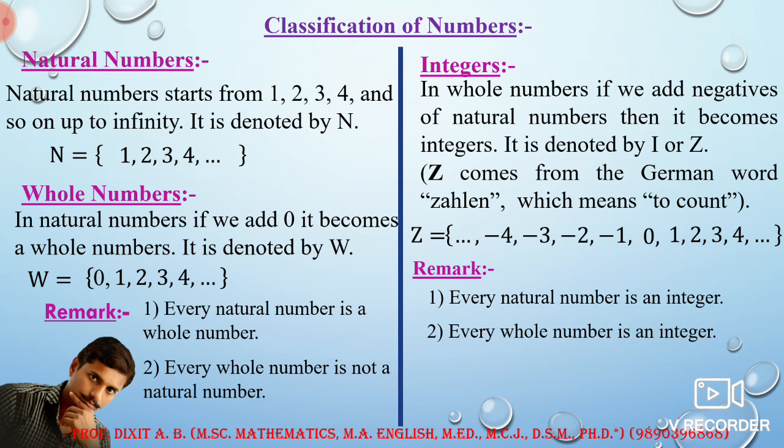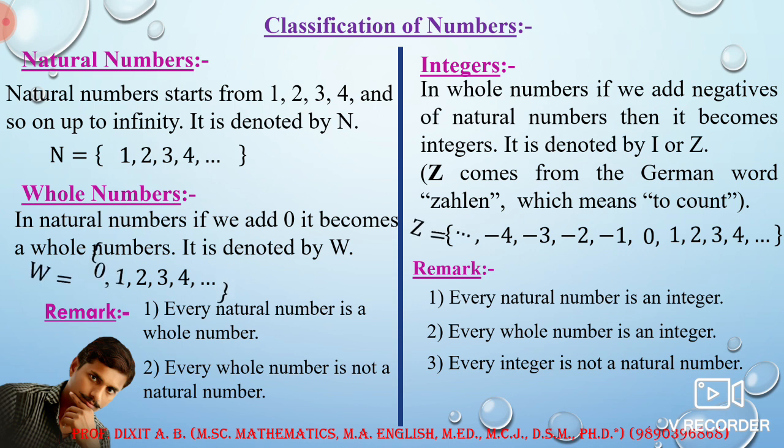Now we will see the reverse part also. Again observe natural N and integer Z. Negative numbers -4, -3, -2, -1 and 0 are not included in N. So I can say that every integer is not a natural number.